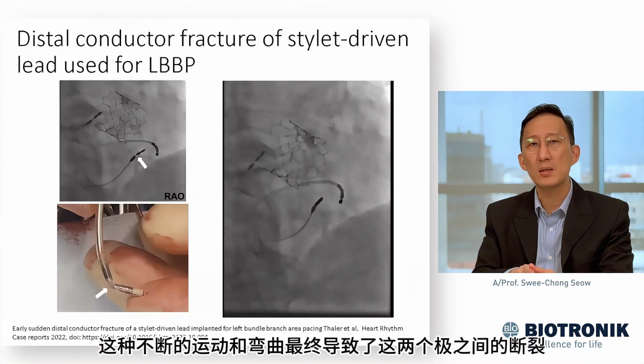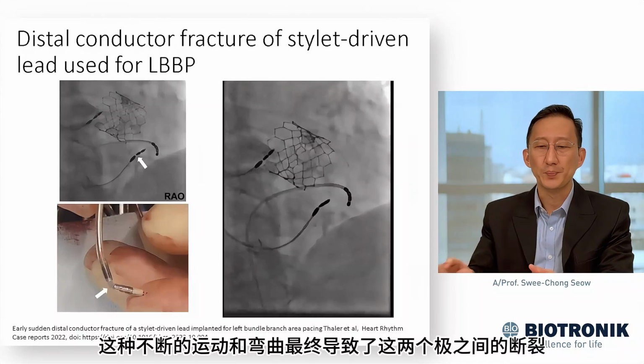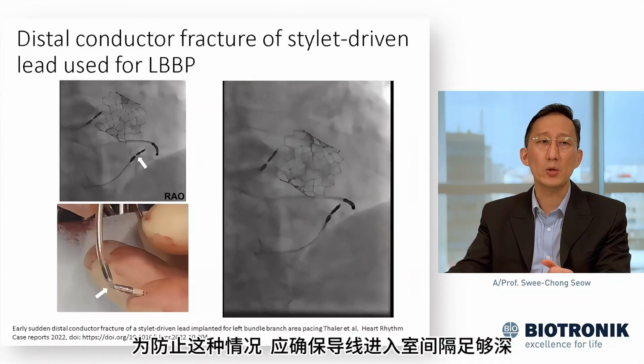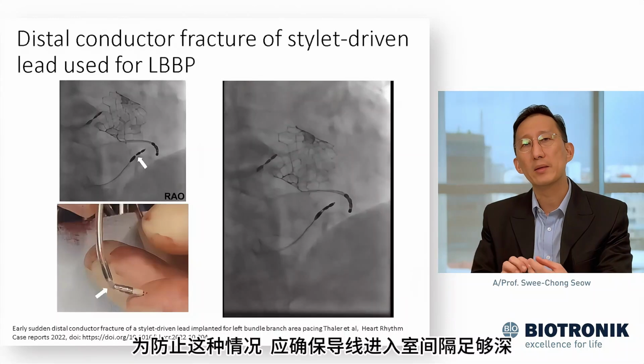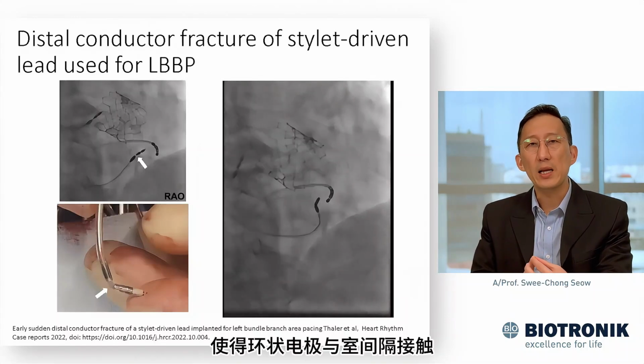And so this constant movement and bending eventually resulted in a fracture between these two poles. So obviously the way to prevent this is to ensure that your lead is advanced deep enough so that the ring electrode is in contact with the ventricular septum.